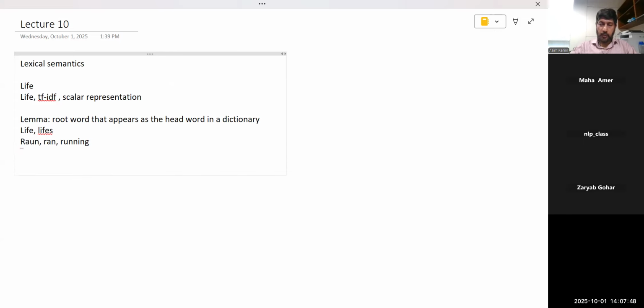And the second thing is that words, or lemmas, have senses. A sense basically means a word and a particular meaning. A particular word can have multiple senses.